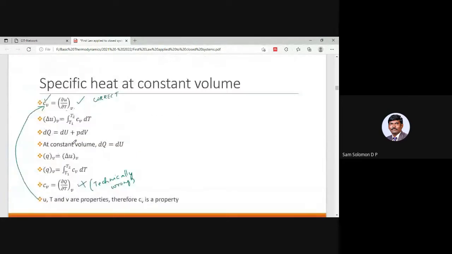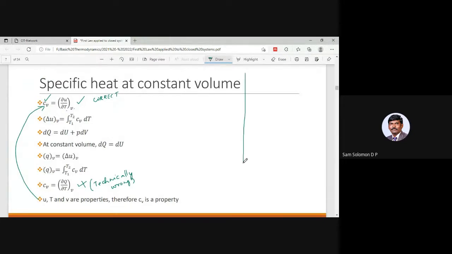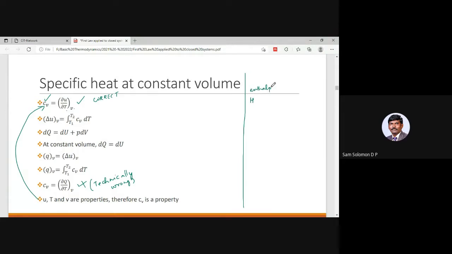The next definition, in the following slide, is enthalpy. What is enthalpy? Enthalpy is an energy which is expressed as U plus PV. Apart from the internal energy, you also take the pressure energy into account.